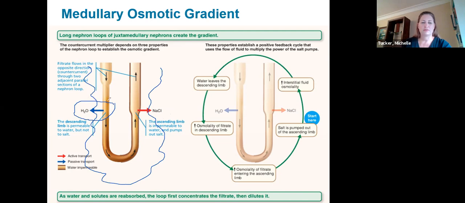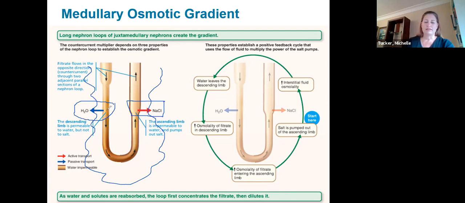Water will be reabsorbed because it's allowed to move out of the descending limb. Salt is actively transported out into this interstitial fluid. The vasa recta captures that salt and returns it to the systemic system.